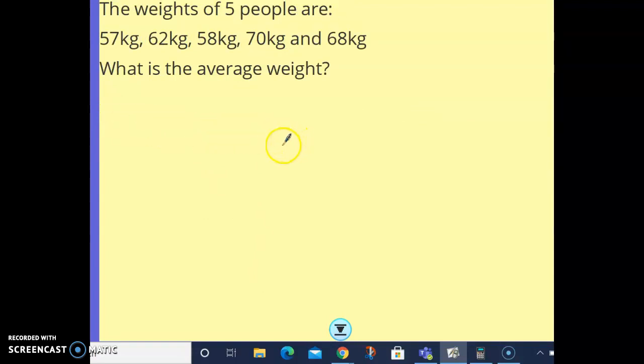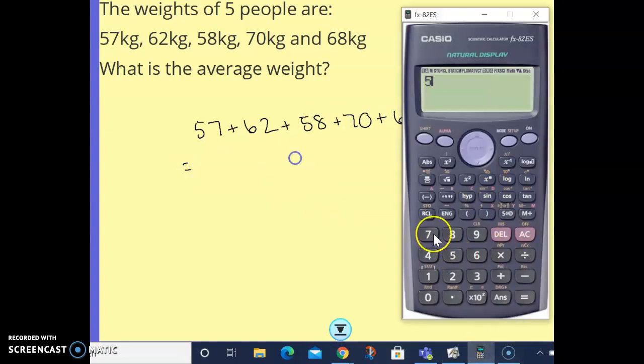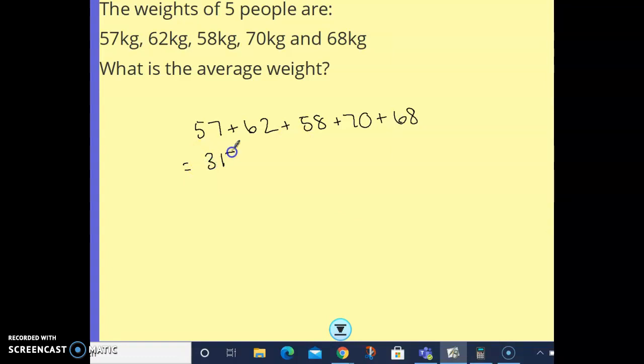The weights of 5 people are 57, 62, 58, 70, 68. What is the average weight? Find the average. We start by adding them up. Okay, so 57, add 62, add 58, add 70, add 68 is 315.